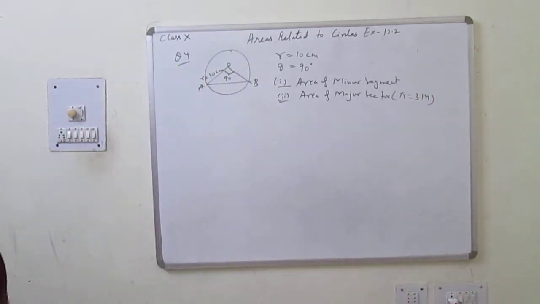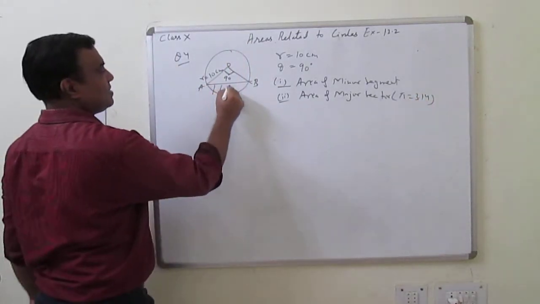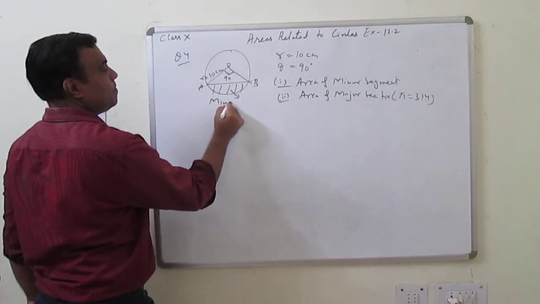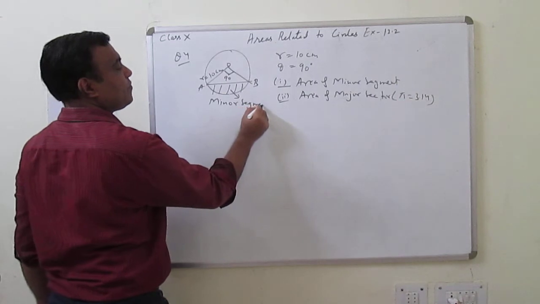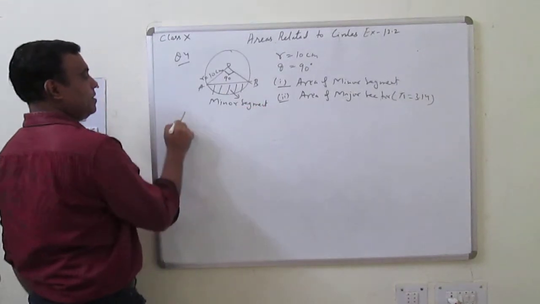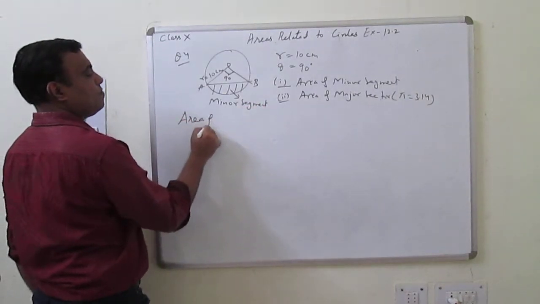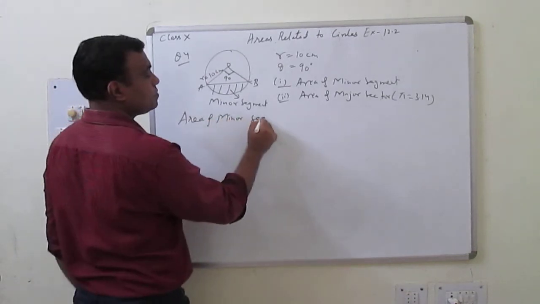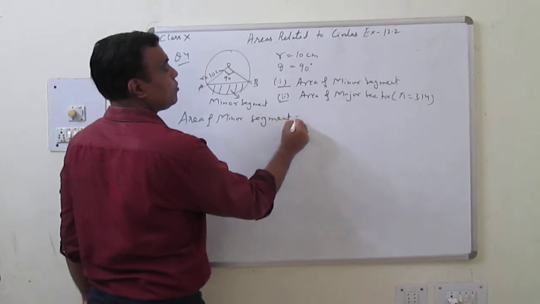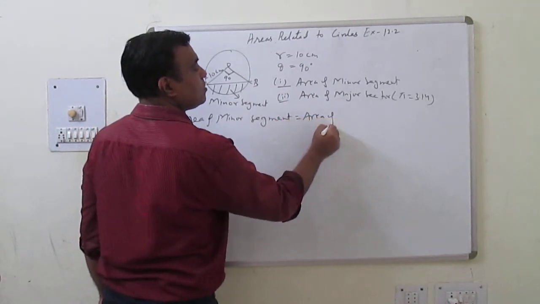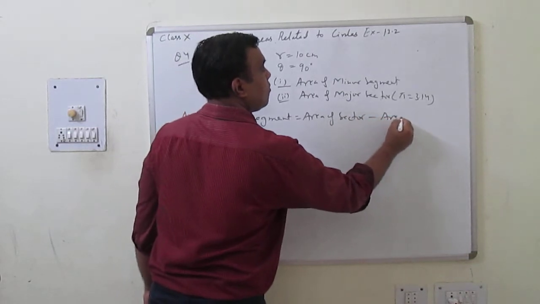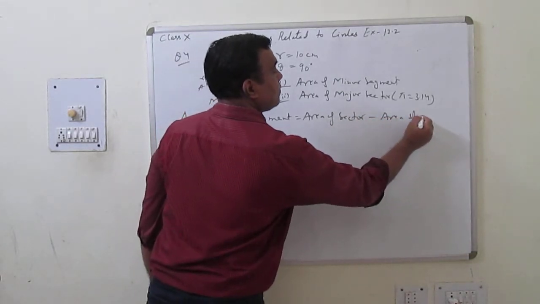Now see here, this is the minor segment. First we find the area of the minor segment. Area of minor segment is equal to area of sector minus area of triangle.